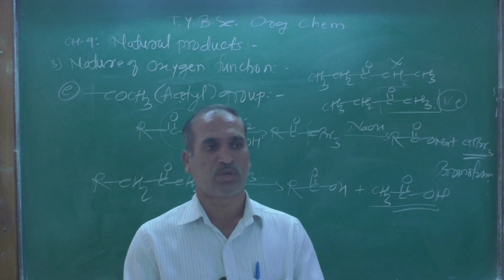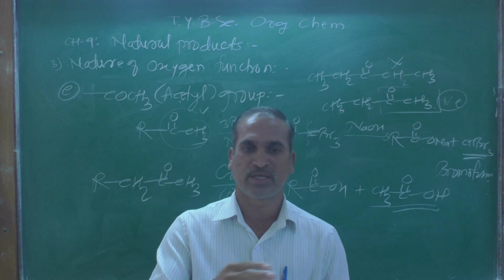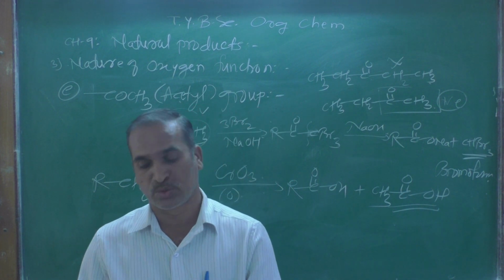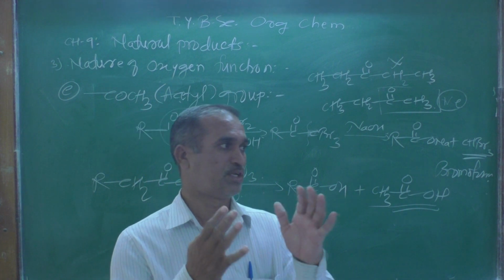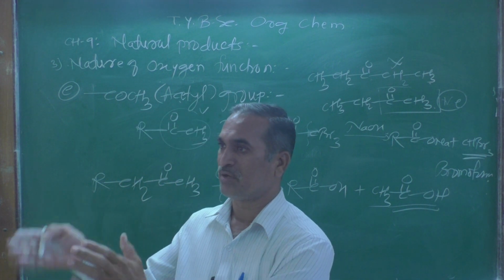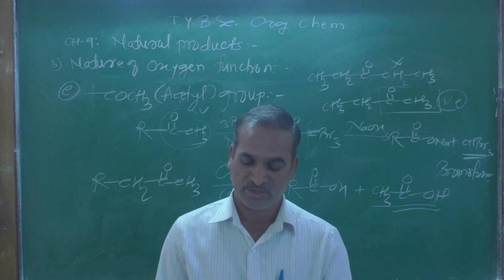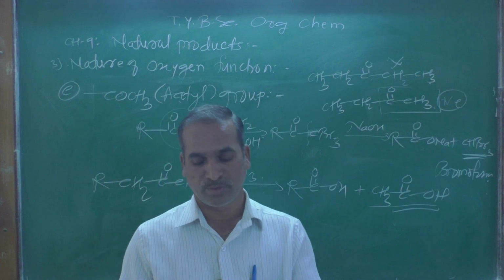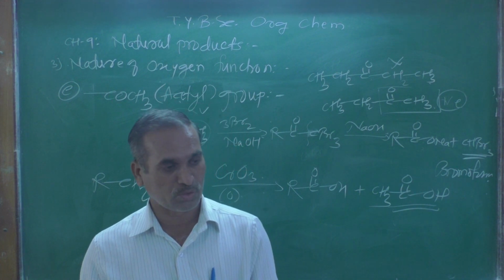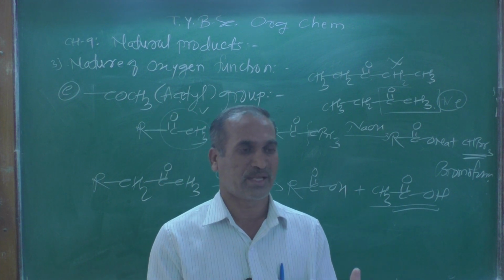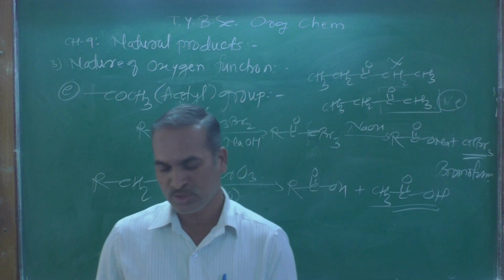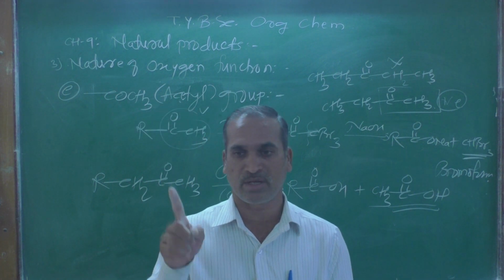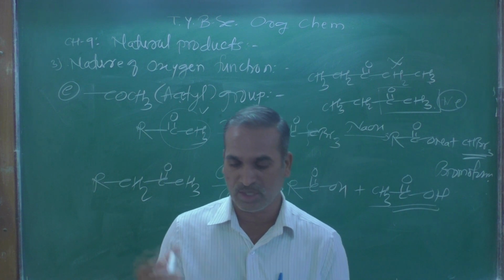By taking suitable examples, we saw how we can prove the presence of those different functional groups by using different reagents and getting different properties, and from that we can infer that the alcohol group or oxo group is present in those alkaloids. Because we are discussing the general method for structure determination of the alkaloids.